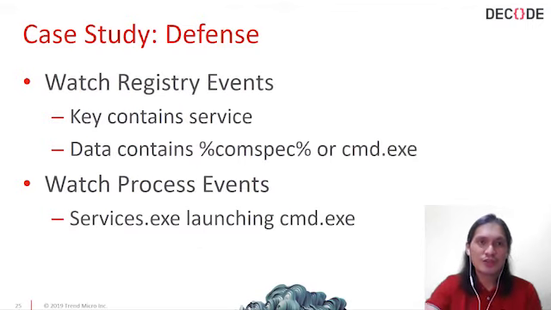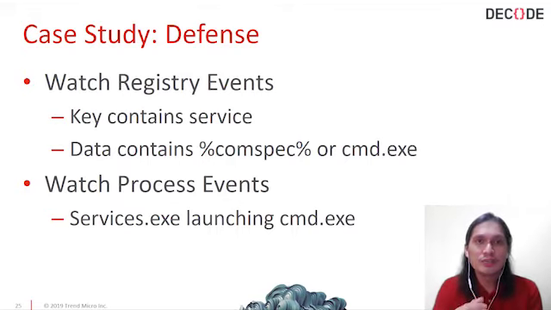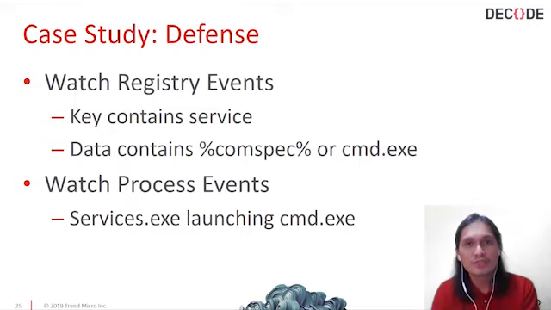And to watch the environment, we first started watching the registry event logs, particularly registry keys that contain service. So that means it's a service registry, and the image path data containing the string comspec or cmd.exe.